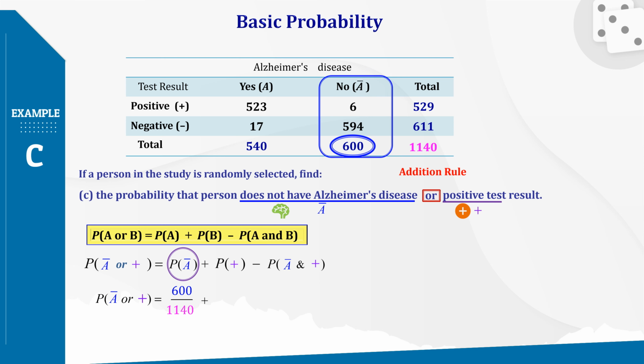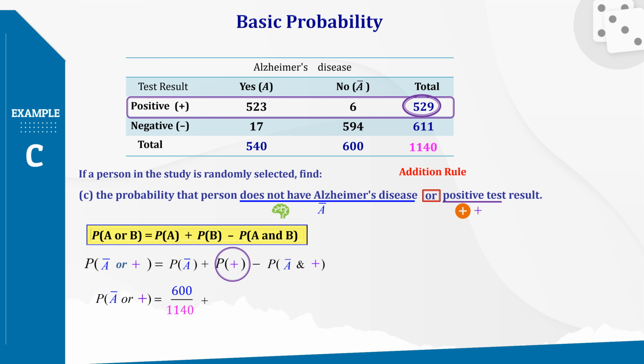For the second one, we still see one event, the positive symbol, which is a marginal probability as well. The total positive test results are 529. Place a value on the numerator and the total cases of 1140 on the denominator.